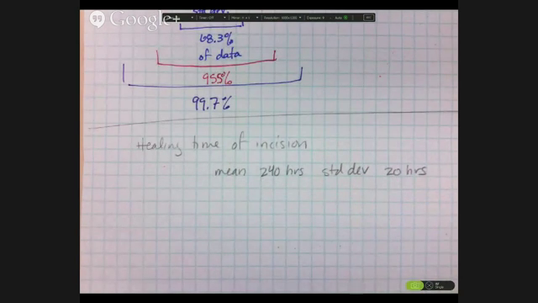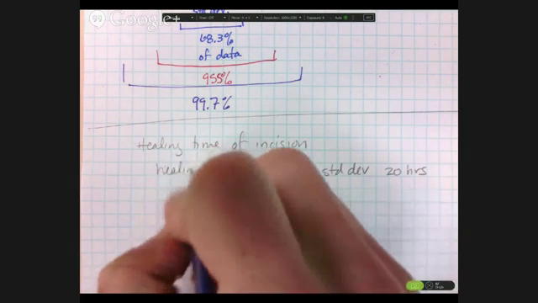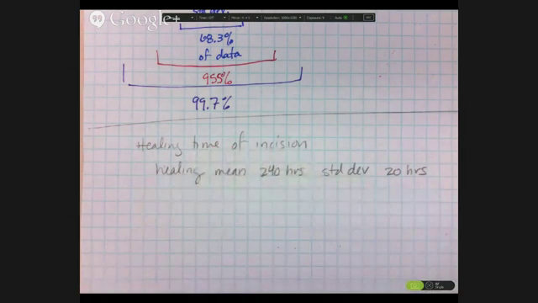Disgusting. All right, so let's say that you're in surgery, the doc's made an incision, you've closed it up, and now you're the nurse that's treating this person. You know that the mean healing time is 240 hours with a standard deviation of 20 hours.